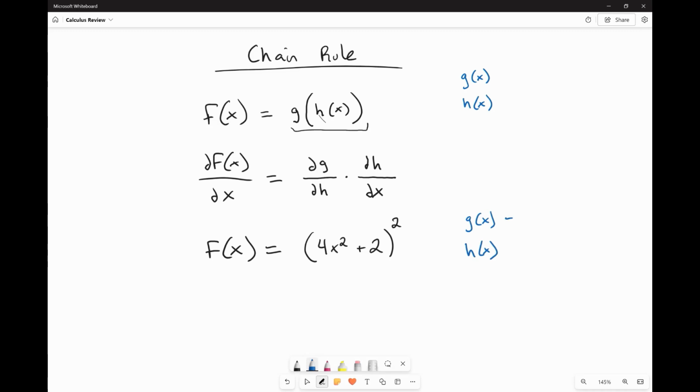Everything inside the parentheses is h of x, and everything on the outside is g of x. So h of x is 4x squared plus 2, and the outer square is g of x.